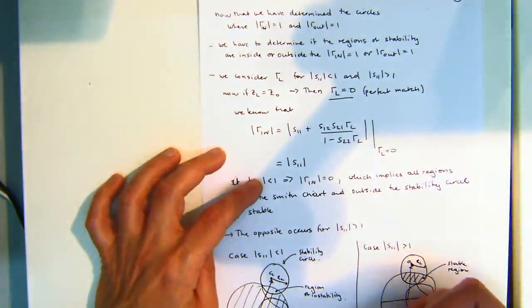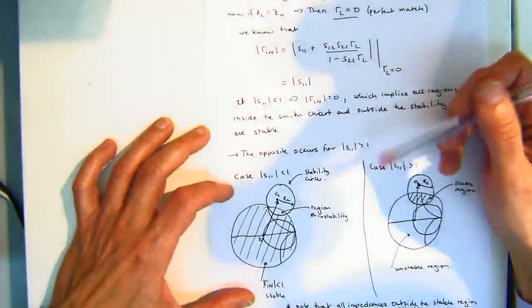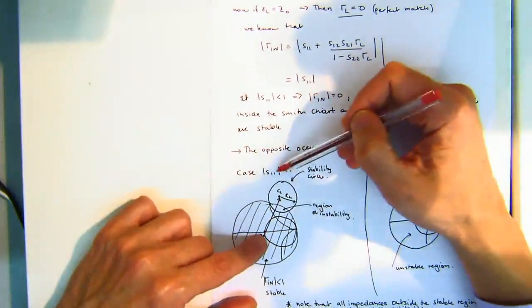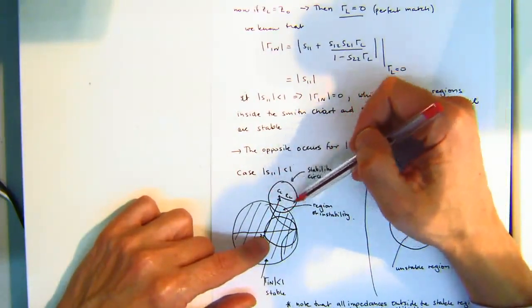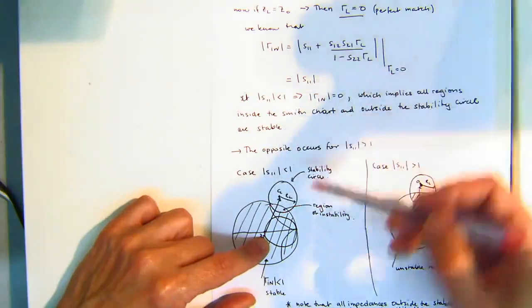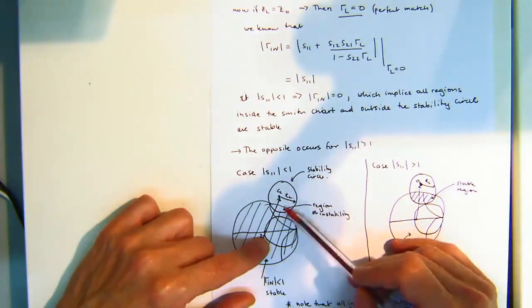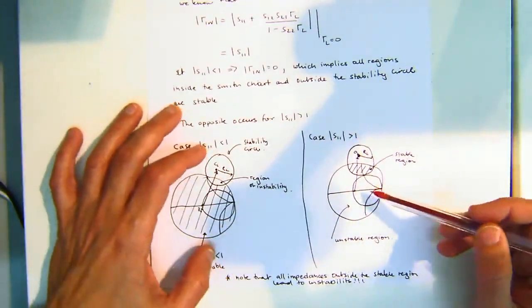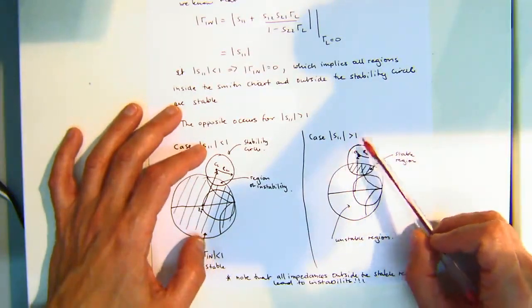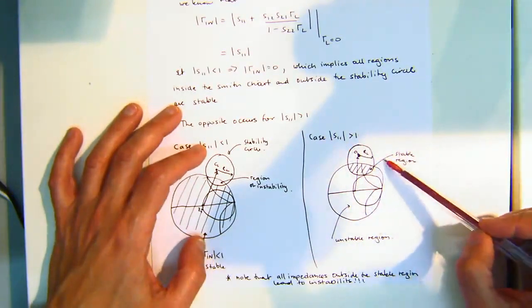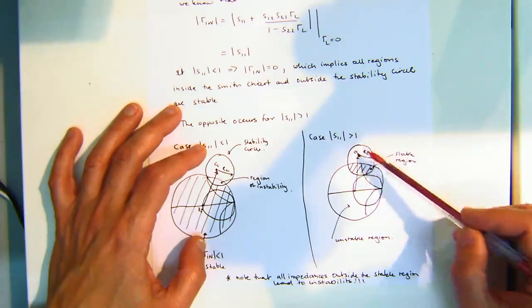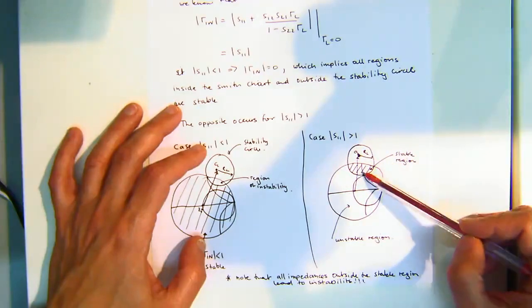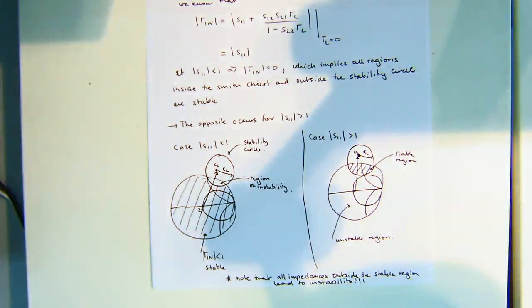So in those cases, if we've got S11 less than 1, the region of stability is everything outside that particular stability circle. And likewise, if S11 is greater than 1, the stable region is the region where the stability circle intersects with the Smith chart.